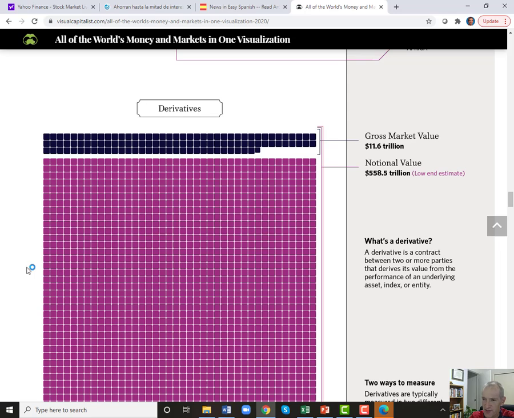But there's also offsetting transactions here, both sides of the transaction. So there's a chance, I don't know how they calculated these numbers, but there's a good chance they're double counting this. Someone's long on an S&P 500 future of $1 billion, and someone's short on the S&P 500 future for $1 billion. Well, those two offset each other, and they just wash out. So very different than the stock market.